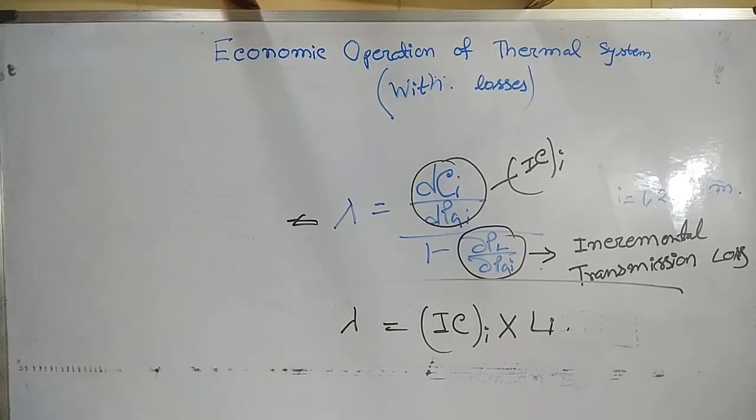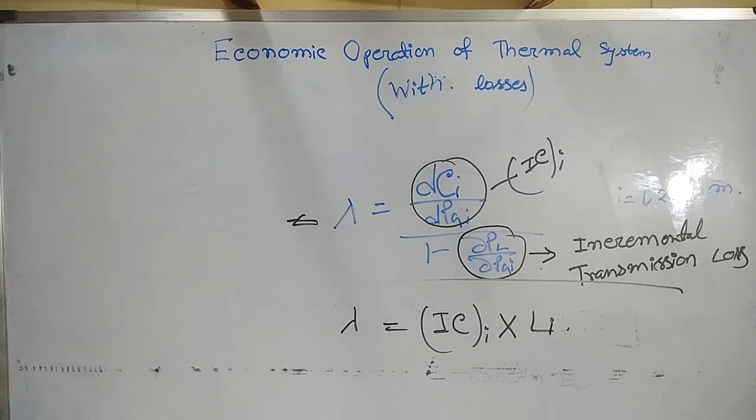Thus the optimum generator allocation considering line losses is obtained by operating all the generators such that the product of incremental cost into penalty factor equals lambda, that is the Lagrangian multiplier, for every generator.